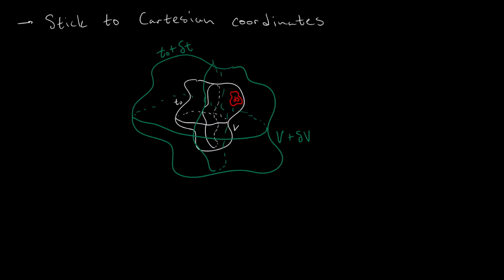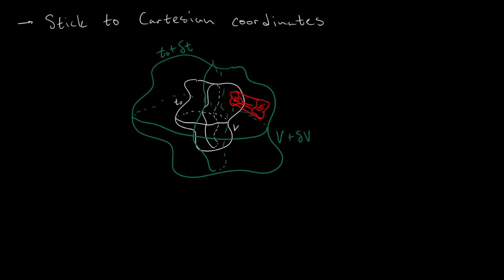Now this small section of the original volume V, we can track its evolution after time t, and it's going to evolve to some, maybe we call it ds prime on V plus delta V. And we can track its evolution, and let's see how good of an artist I can be for this. It's going to evolve in some way like this.